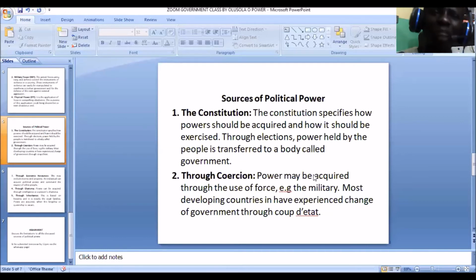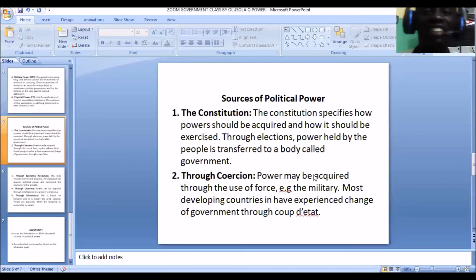So the constitution is the major source of power among all other sources. It is the top, because every country of the world has a constitution, and this constitution stipulates how political power can be attained.